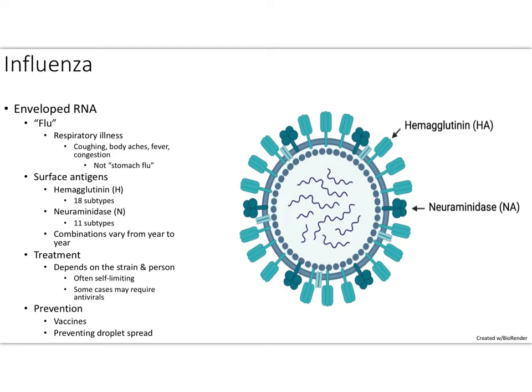So it is important to keep in mind that influenza, the actual flu, is a respiratory illness that causes oftentimes severe coughing, congestion, like I said, body aches, fever, and potentially death. I like to point this out for a couple of different reasons.